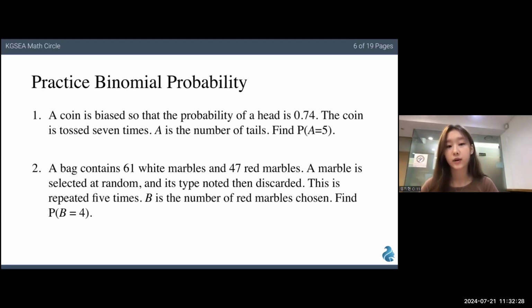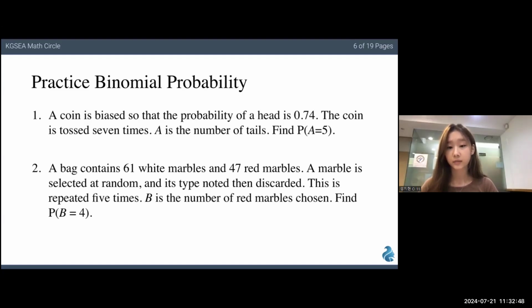First, you have to notice whether or not you have or can use binomial distribution. With the first question, it reads, a coin is biased so that the probability of a head is 0.74. The coin is tossed 7 times, and A is the number of tails. Find probability where A equals 5.